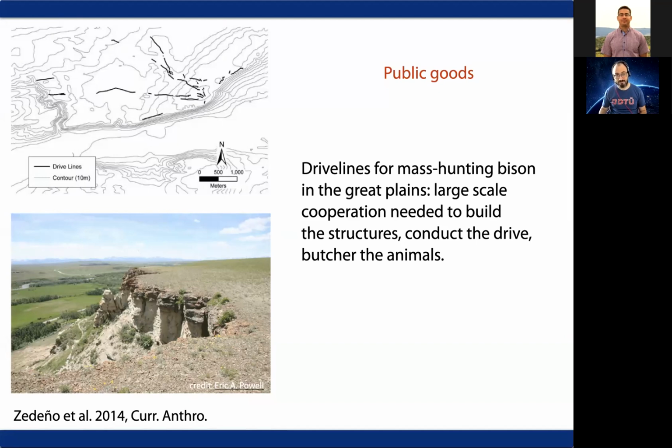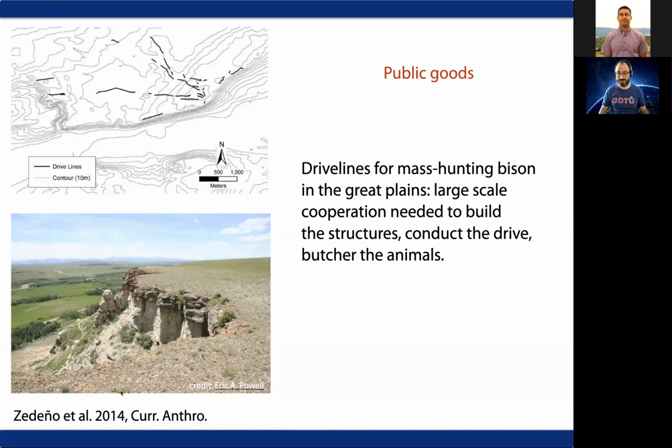So basically, what they were doing is, after the production of this public good, they collectively drove the bison onto this ridge, where the bison had no choice but to fall down, because they're getting pushed by other bison.